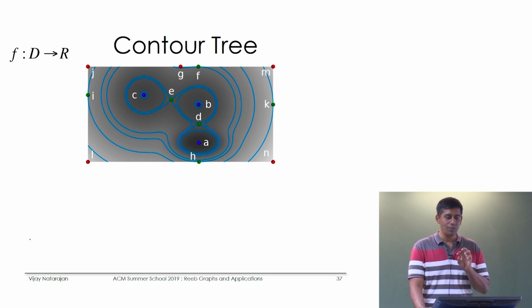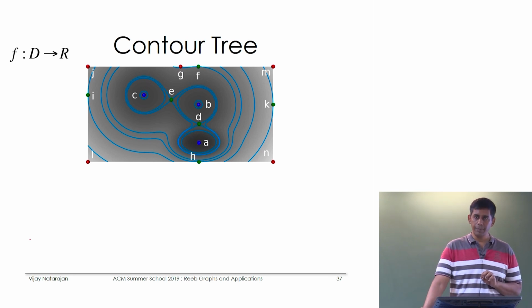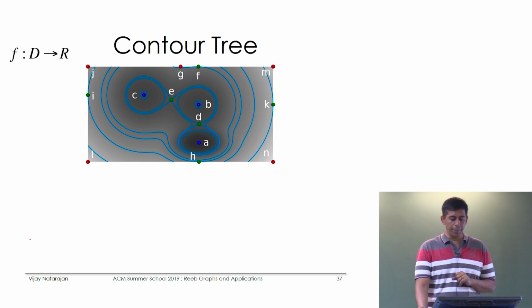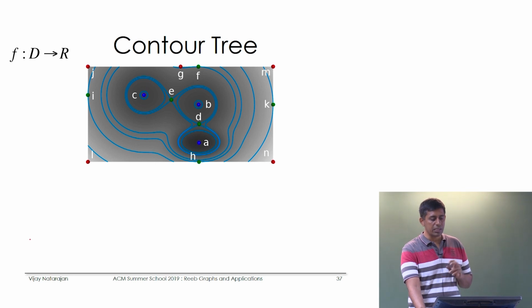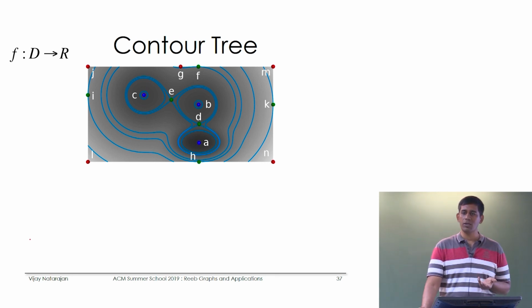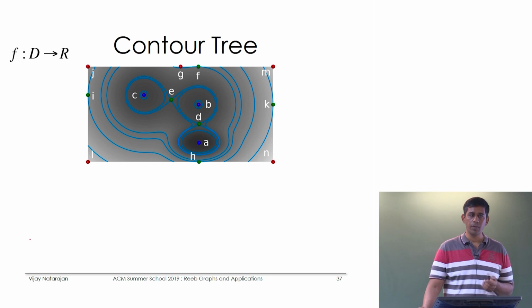You can see a few isocontours shown here. Try to trace beginning from A. The isocontours will have a single component at A, and let us assume that B also has a similar scalar value.